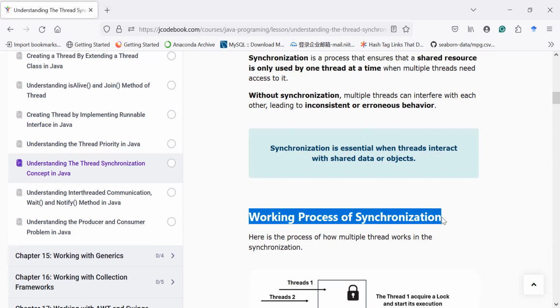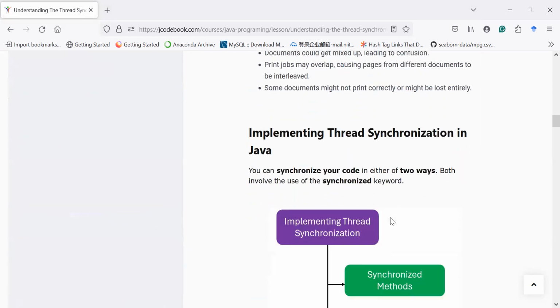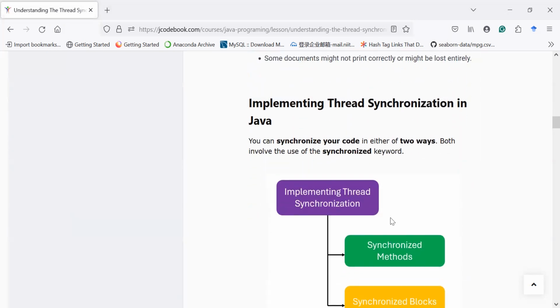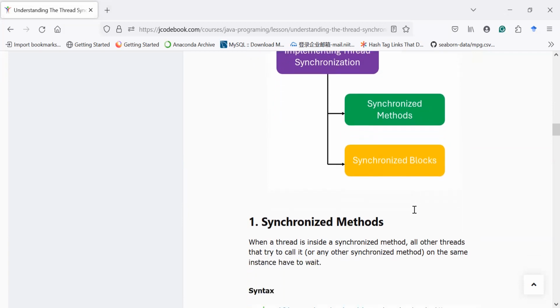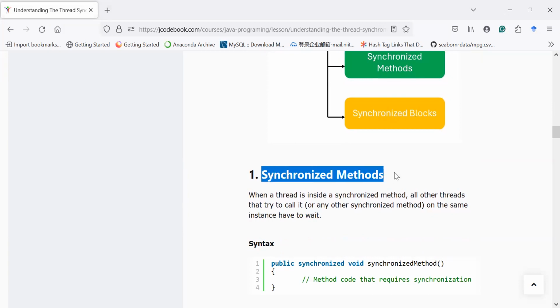Before diving into the working process, let us understand how you can provide synchronization in multi-threading. To implement thread synchronization, we have two different ways. First is using a synchronized method and second is using a synchronized block. Let us see what a synchronized method is.